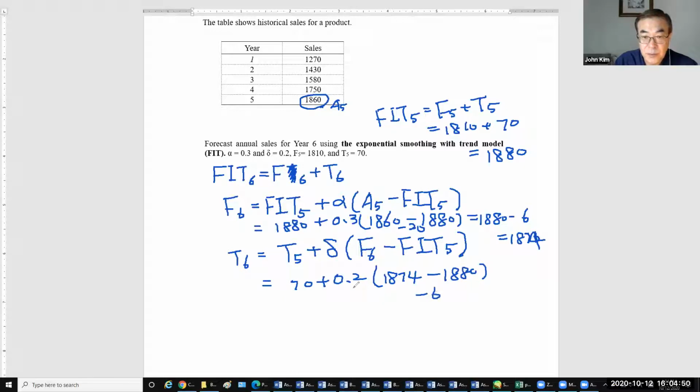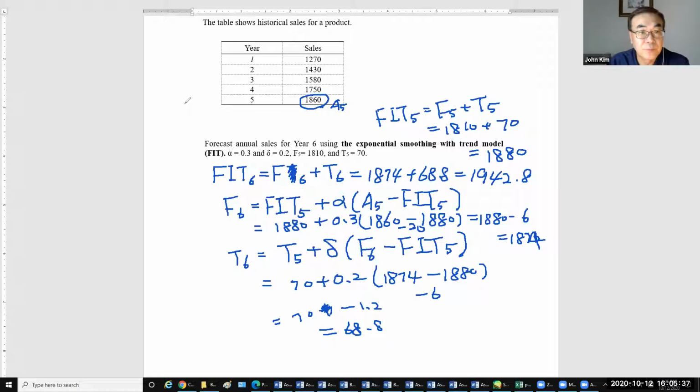So negative 6 times 0.2, so 70 plus, that is negative 1.2 equals 68.8. So FIT6 equals 1874 plus 68.8. So that will be 1942.8.